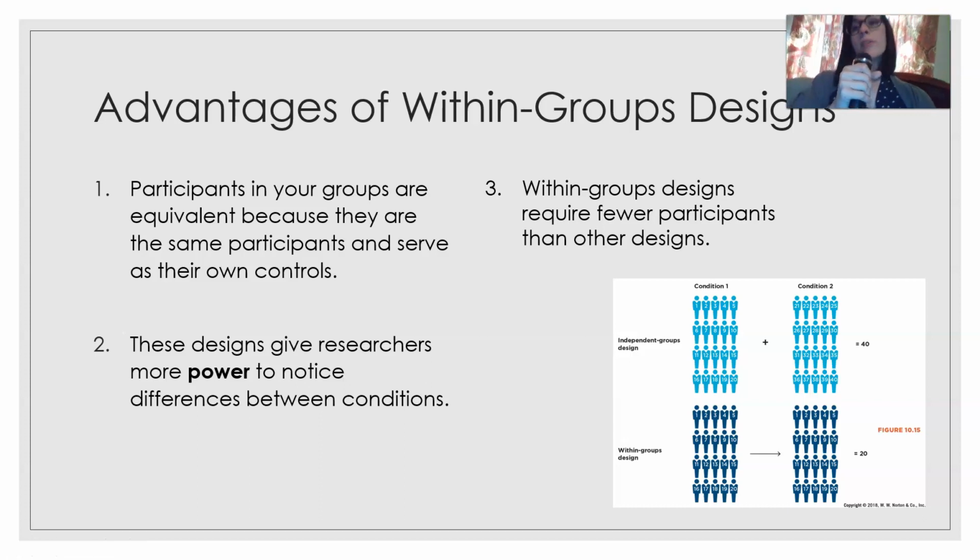Generally, one of the things that's kind of nice about within subjects designs, first of all, so compare this to an independent groups design, for example. You don't have to worry about balancing groups because everybody is basically functioning as their own control. So you're not necessarily looking at the difference between different people.